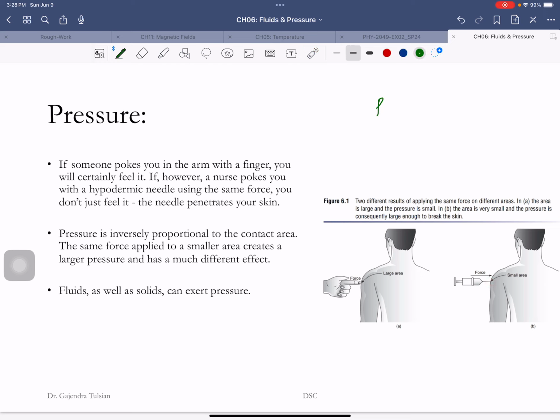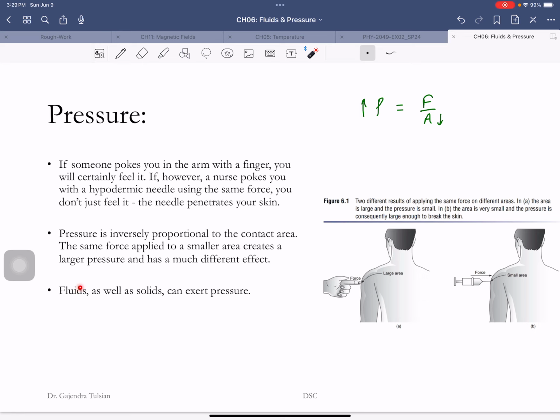If you apply the same force on a much smaller area, the pressure is much higher, and given a high enough pressure, you can break your skin. The needle penetrates your skin. So pressure is inversely proportional to the area.